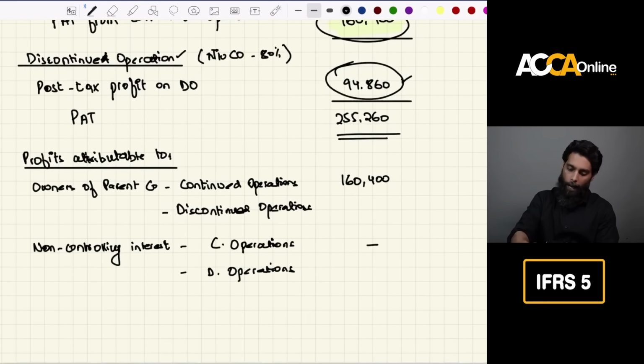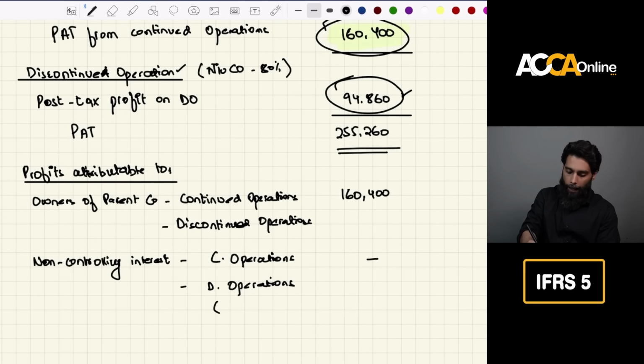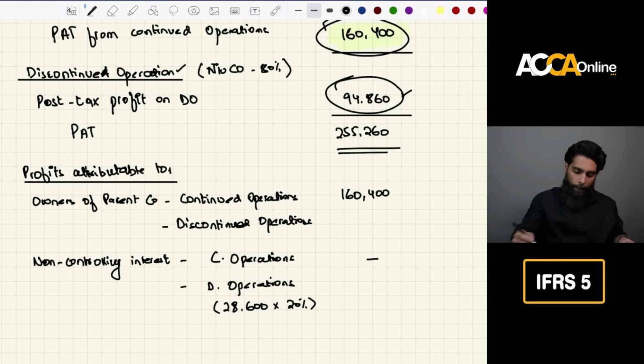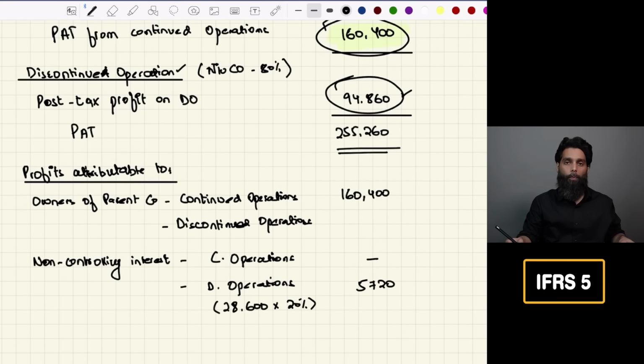So how do you do this? You go to NCI, they will get a 20% share from 28,600, which is, let me just calculate it for you, 28,600 into 20%. This is 5,720.